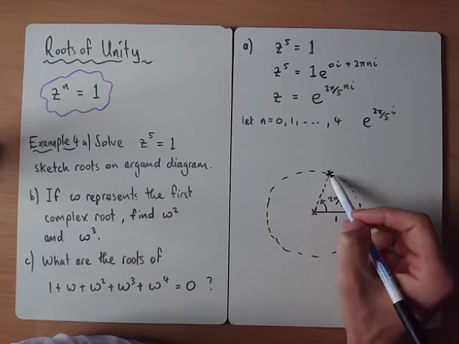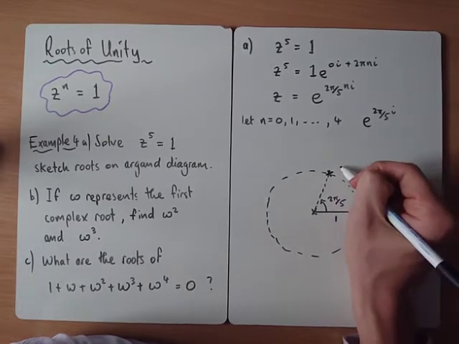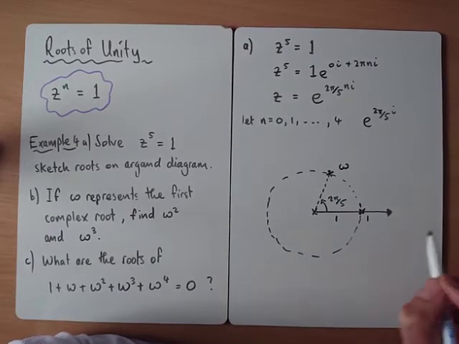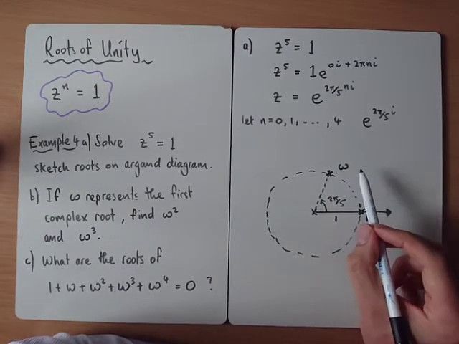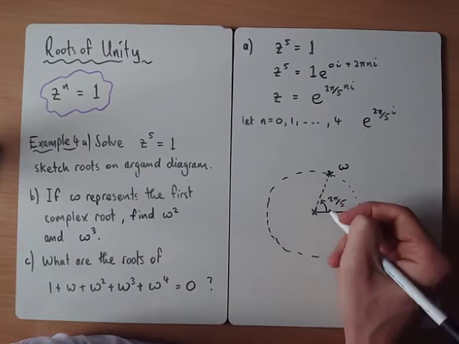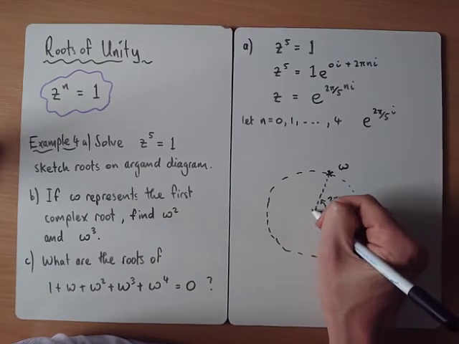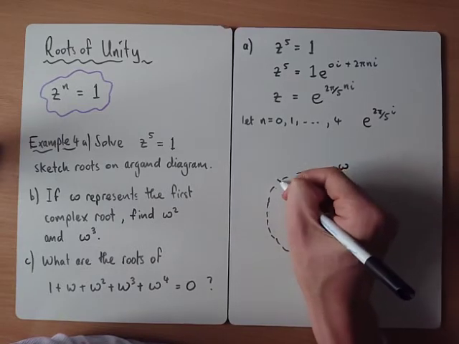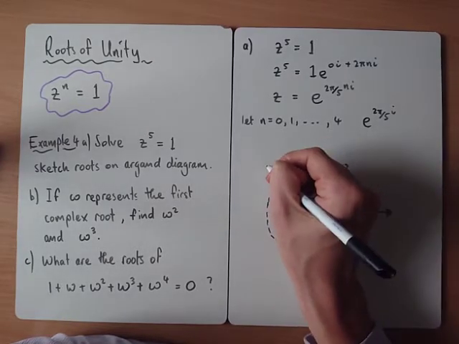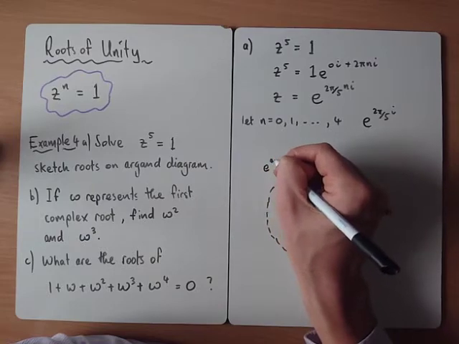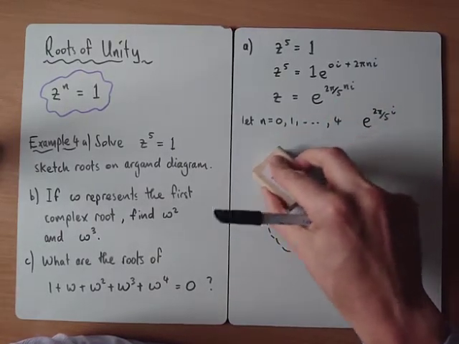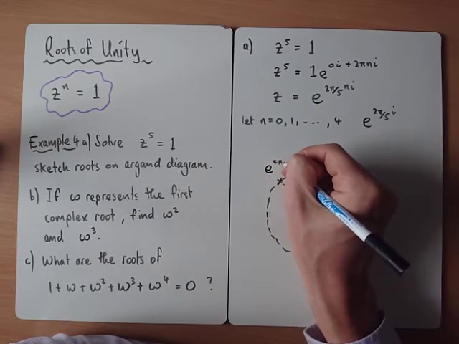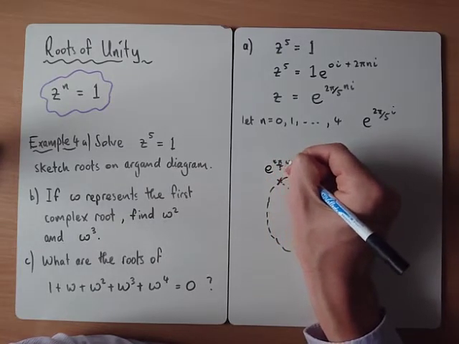And the first complex root in this topic we denote with the letter omega, lowercase omega. It looks like a w, but it's not, it's an omega. Okay. The next root would be another 2 pi over 5 along, which would be e to the 4 pi over 5.